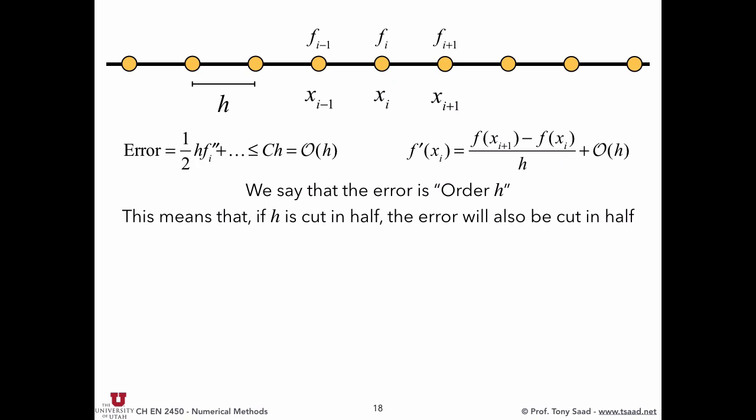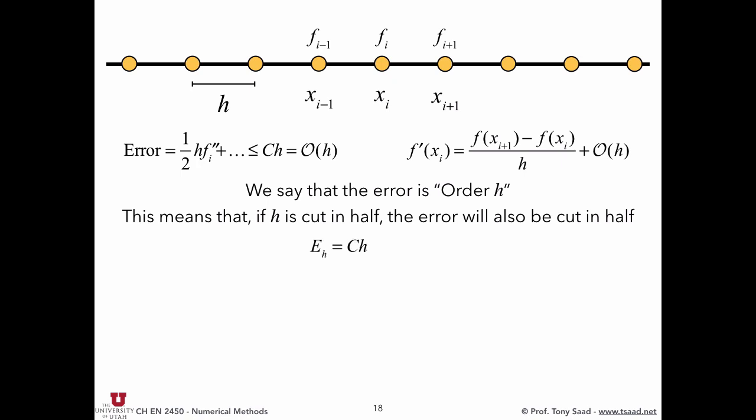In fact, this order h is nothing more than the truncation error that we defined in the first few lectures of class. We took a full mathematical expression and we truncated it because we didn't know how to calculate those terms. So we may as well just cut them off. But an assessment of that truncation error is that it is of order h.